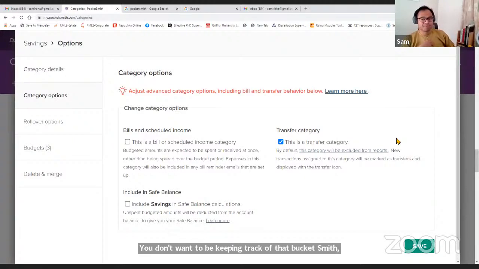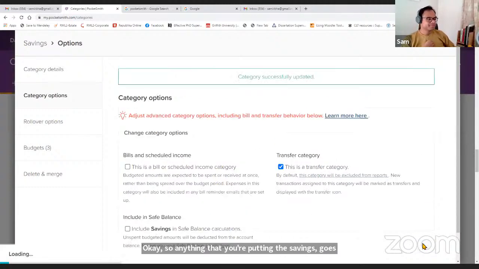You want to be keeping track of that separately. PocketSmith is there mainly to keep track of your household spending. Okay, so anything that you're putting to savings goes into this savings category. All right, it's a very, very important category to set up.